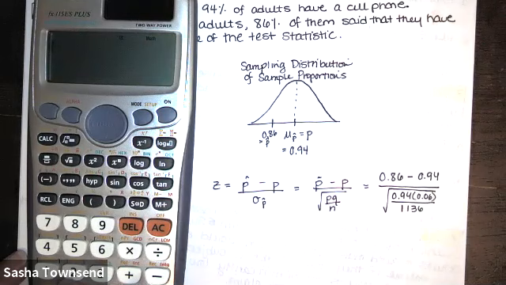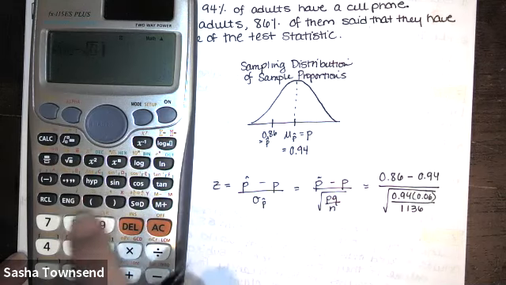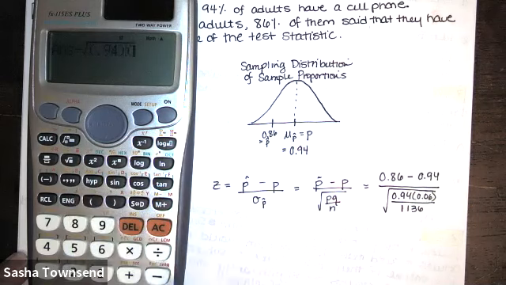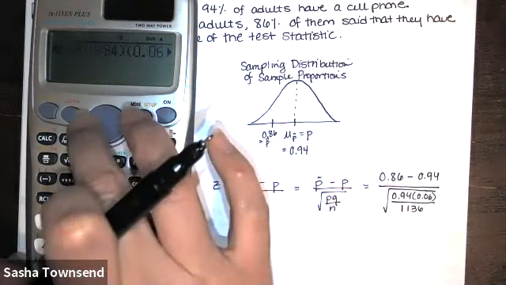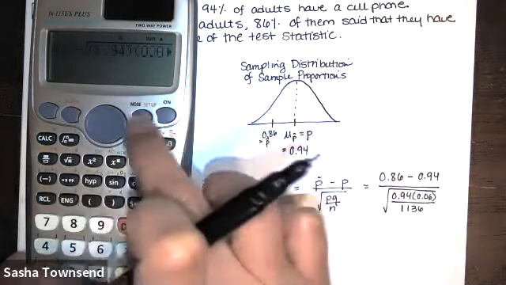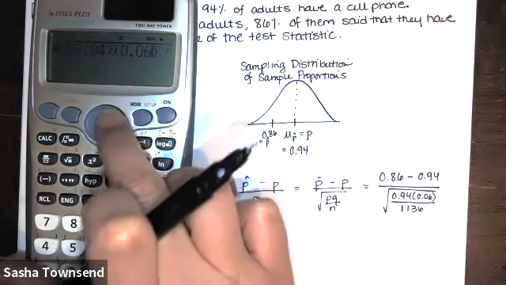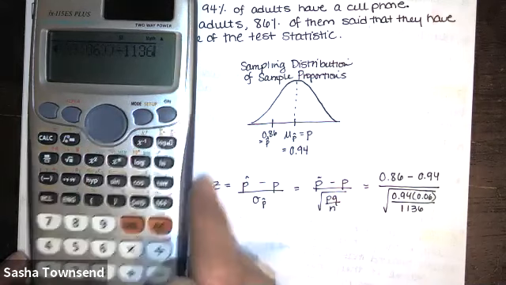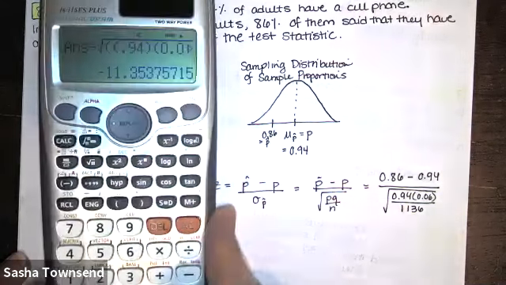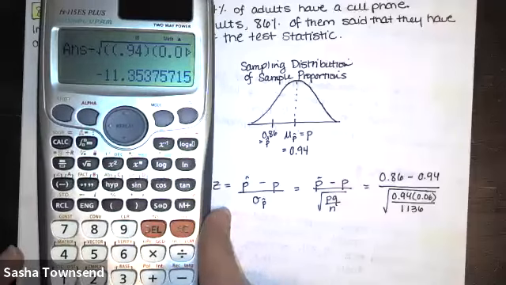So we have 0.86 minus 0.94, and then we're dividing by the square root of P times Q. And I want to put all of that in parentheses because that's in the numerator. And then I want to divide by the sample size, 1,136. And I get that. Whoa.